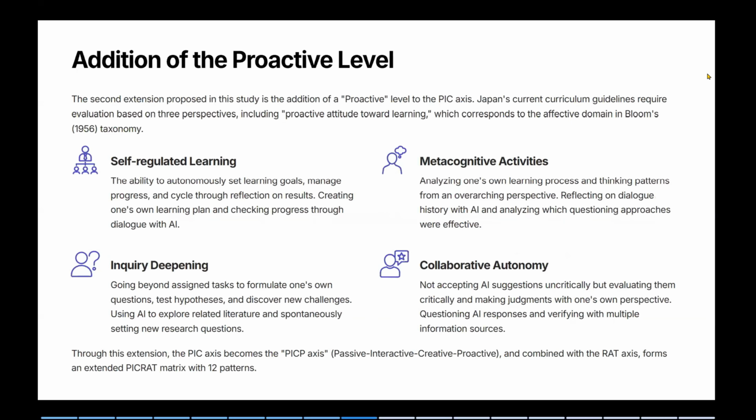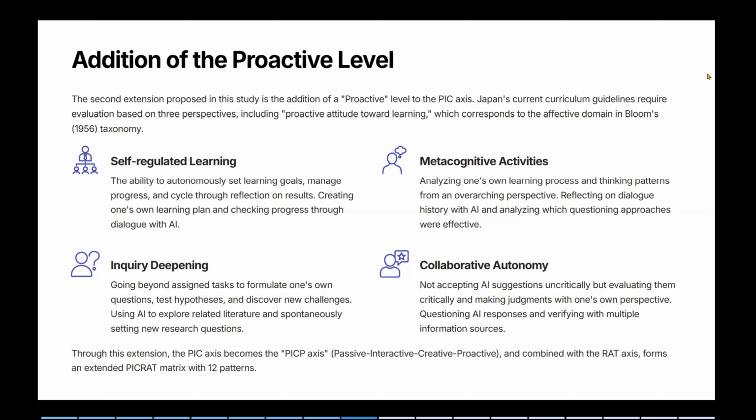Our second contribution is the proactive level. We add this above the creative on the PIC axis. What does proactive mean? First, self-regulated learning. Students set their own goals and manage their progress. Second, metacognitive activities.